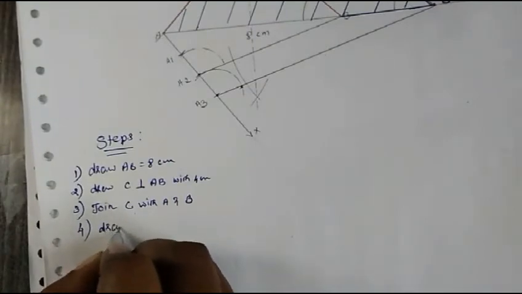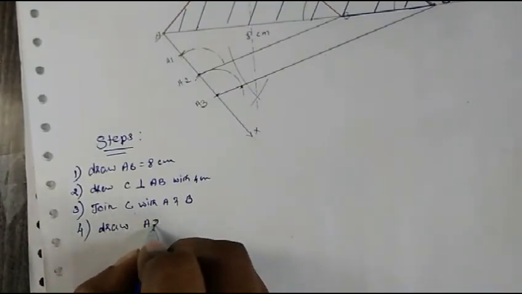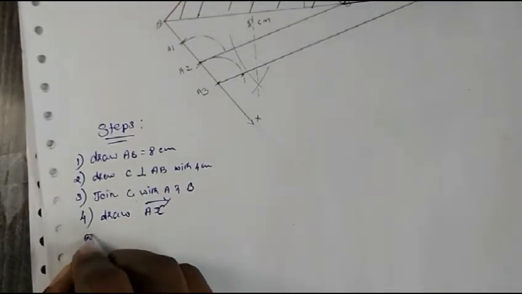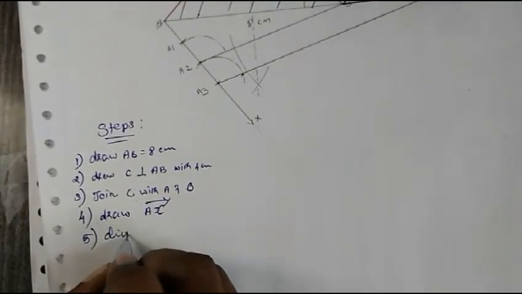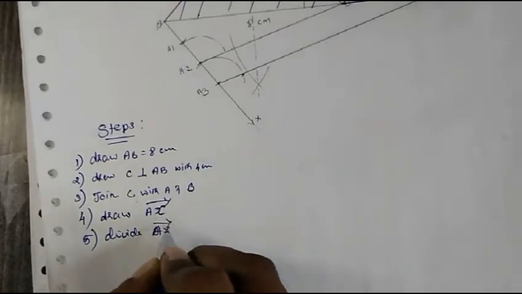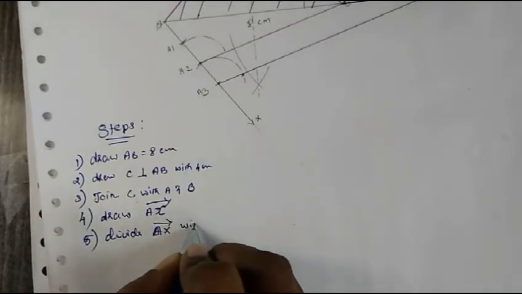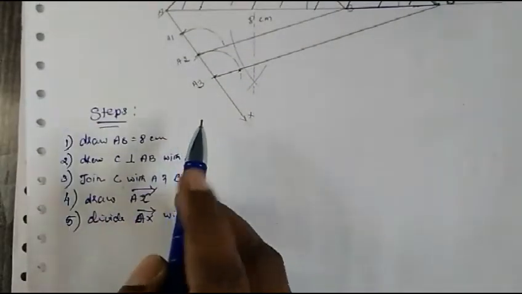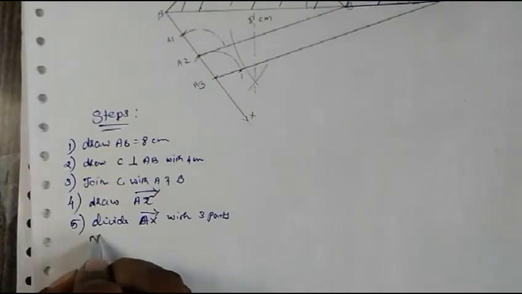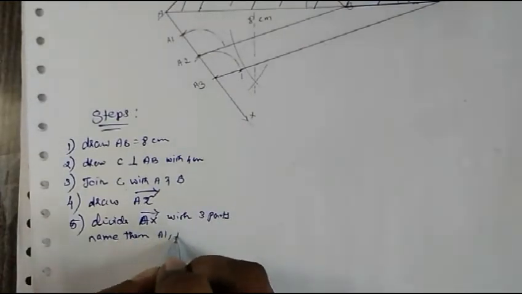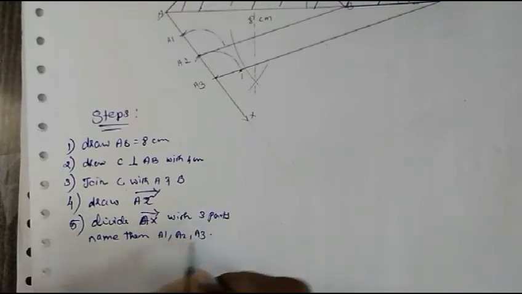Then draw AX ray, then divide AX into 3 parts. So 3 parts we have divided. Name them A1, A2, A3.